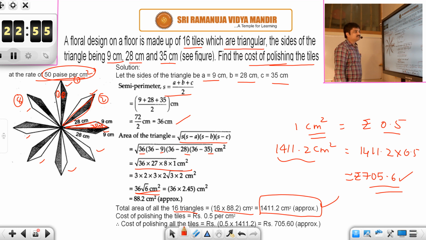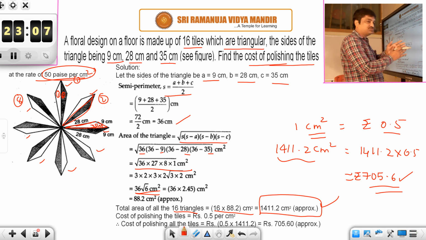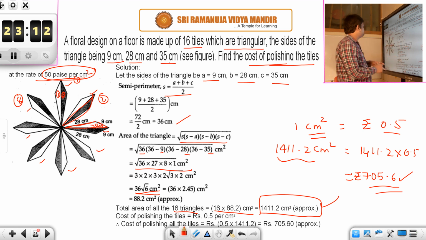Similarly, as you could see, this floral design is made with different shades. So they could ask you how much cost you will be incurring for polishing only each color, each shade. For each shade, how much cost will you incur if they ask?